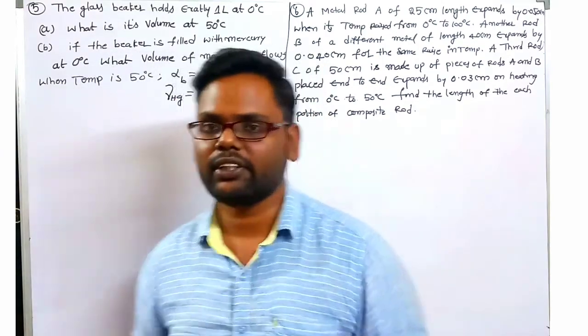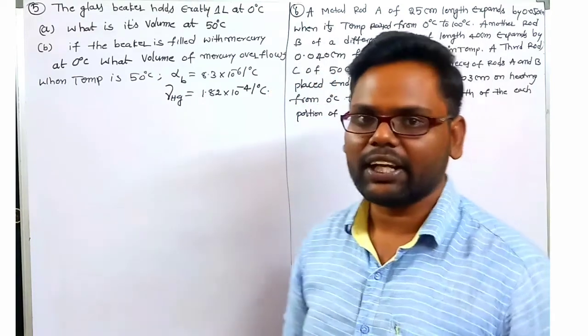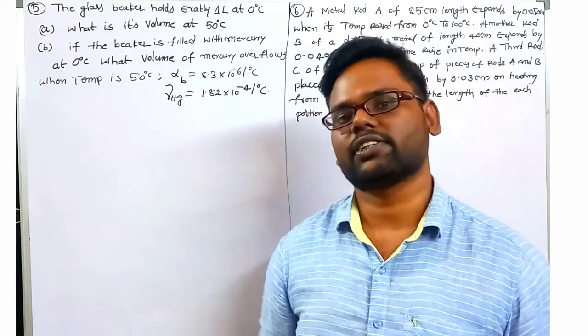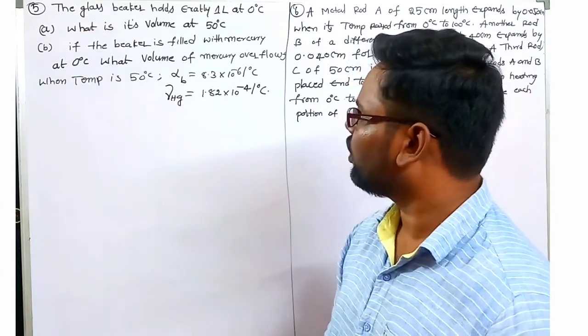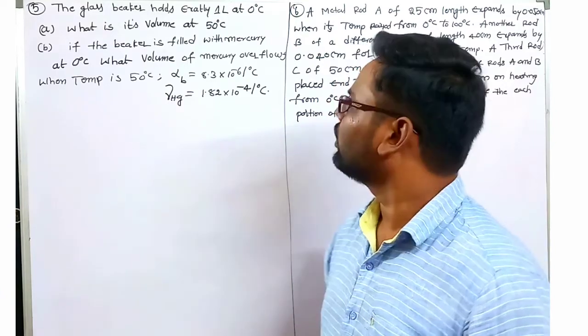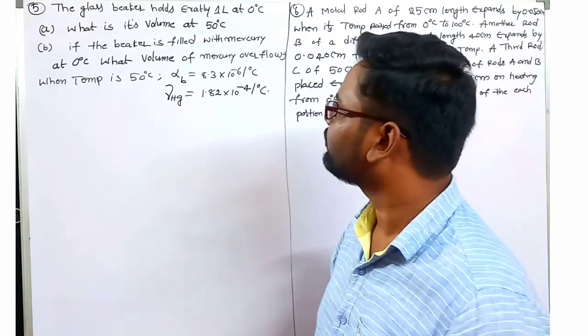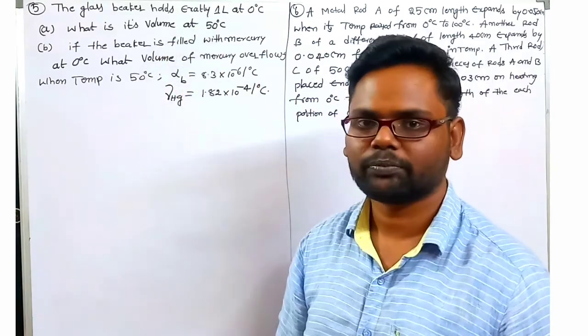Right, next illustration: a glass beaker holds exactly 1 liter at 0 degrees Celsius. The first question is, what is its volume at 50 degrees Celsius? That means if you raise the temperature to 50 degrees Celsius, what is the final volume of the beaker?